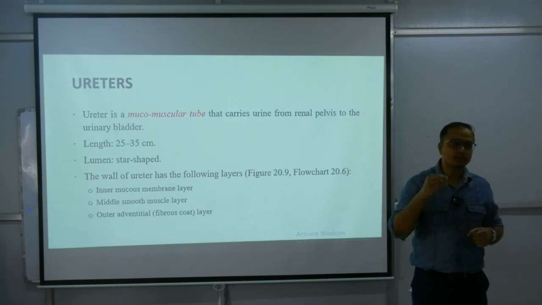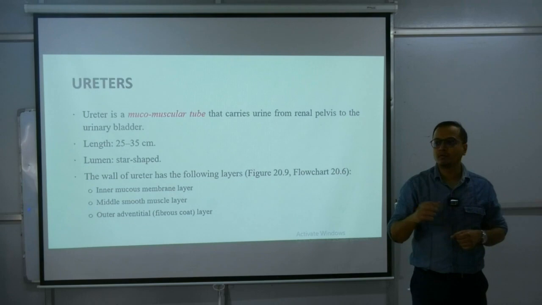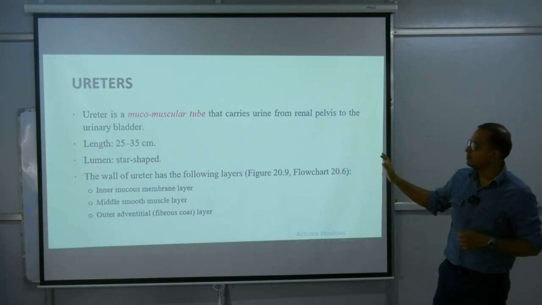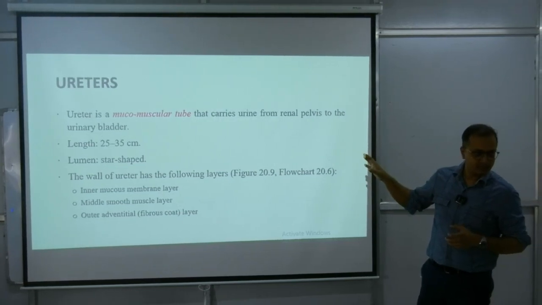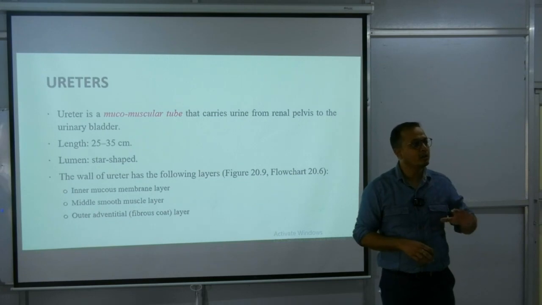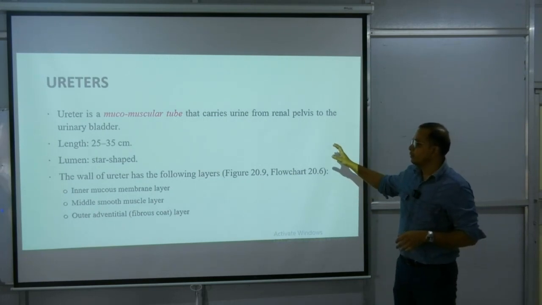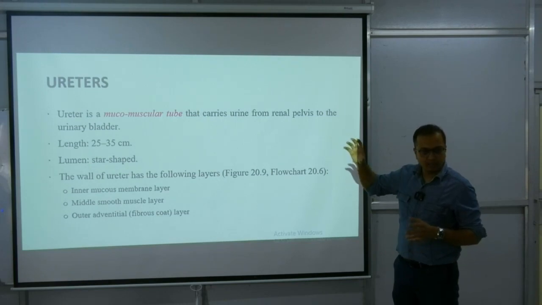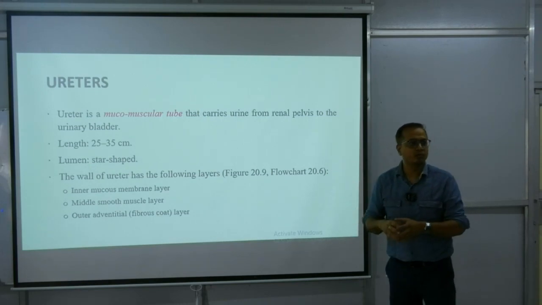This kind of tissue is only seen in the urinary system. That is why this epithelium is called urothelium, which is related to the urinary system. Clear?